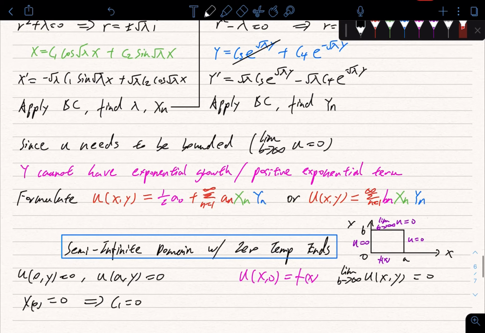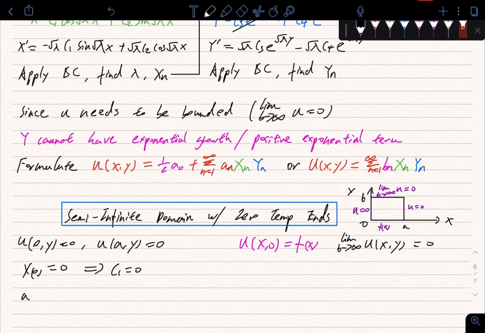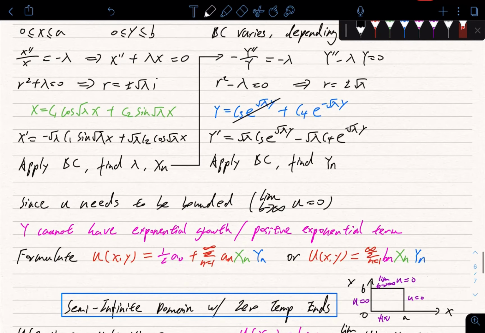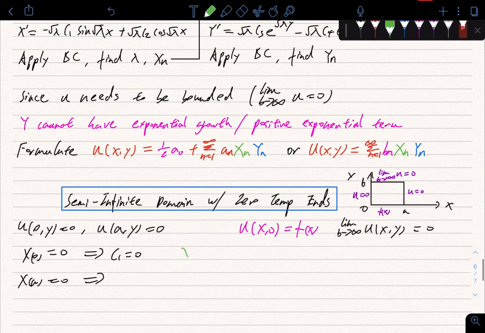Again, this will not be 0, so this has to be 0. And then X of a equals 0. Actually, let me go ahead and write the X. So X equals C2 sine of square root of lambda x.